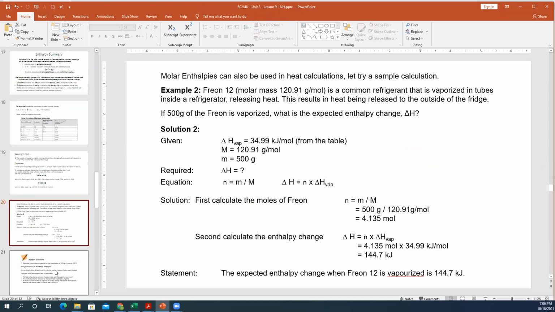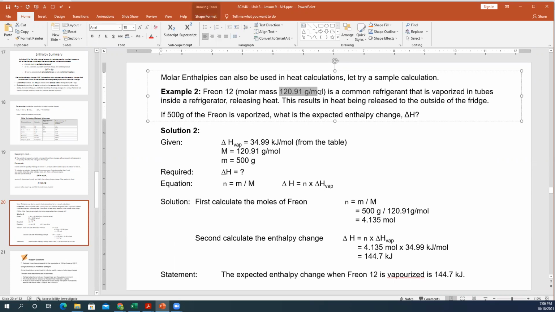So let's look at an example to go through what we just talked about here, using sample calculations of how we can use molar enthalpies to do heat calculations. For example, Freon 12. Freon 12 has a molar mass of 120.91 grams per mole.